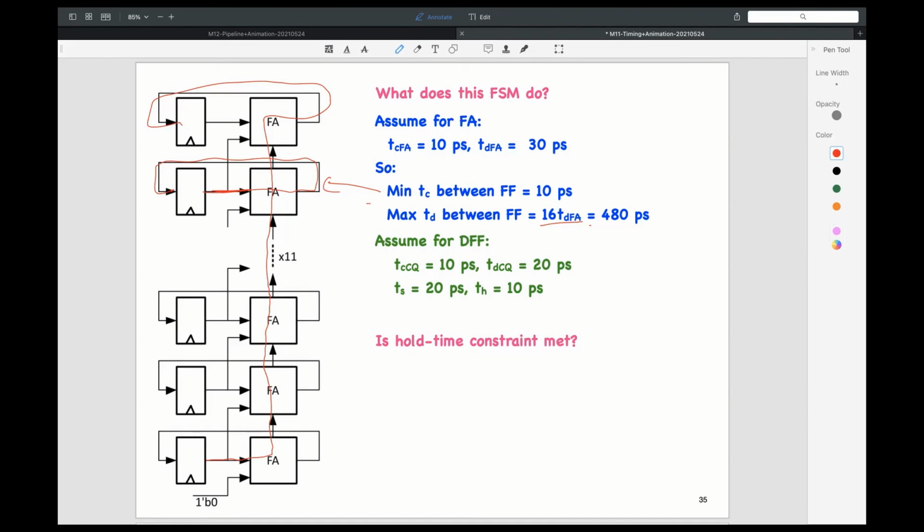So it can go through all the 16 full adders, and that one will correspond to the max. 16 times 30, 480. So my worst case delay from some flip-flop's output to some flip-flop's input is 480. That's the worst case. So that's a propagation delay. And the contamination delay, the quickest delay, is something at any bit, and that's 10. Assume for D flip-flop, we are given 10 picosecond contamination, 20 picosecond propagation, setup of 20, hold time of 10. Question: is the setup requirement met?